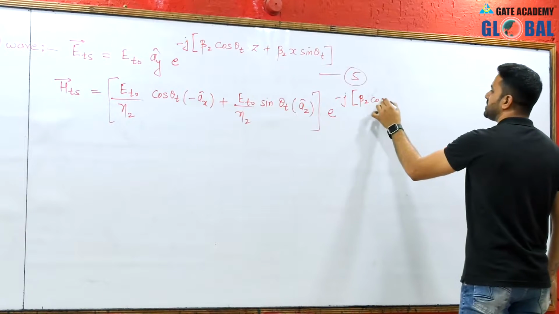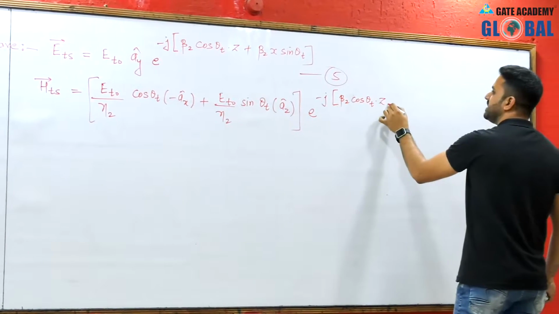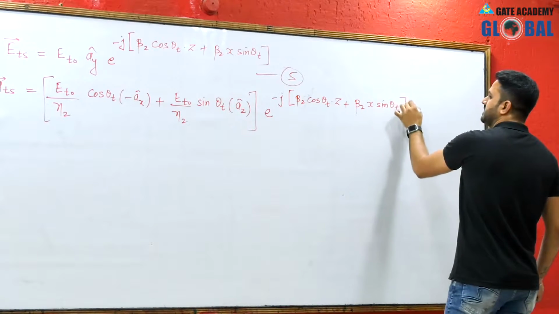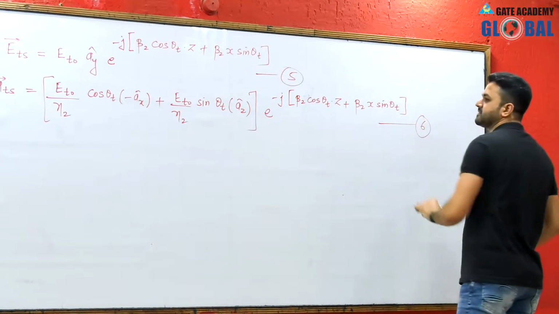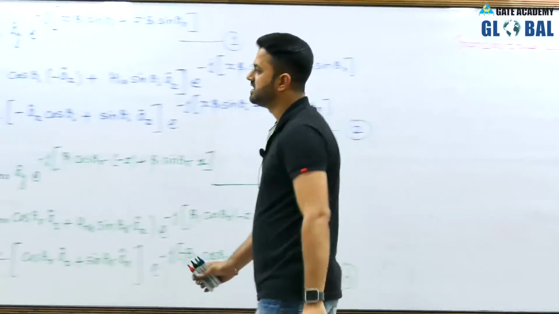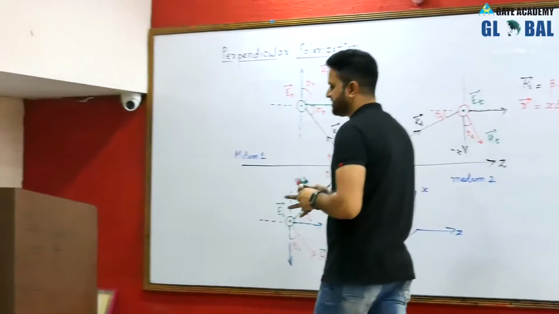This is beta 2 cos theta t into z plus beta 2 x sin theta t. This is equation number 6. Now we have written all the 6 equations. So the use of this diagram has been finished.